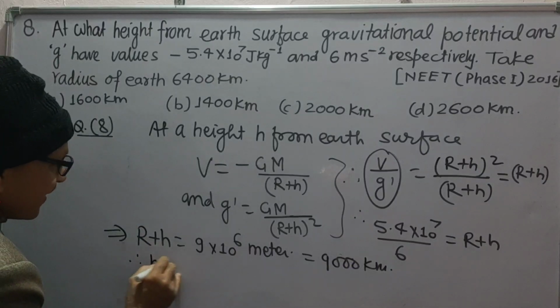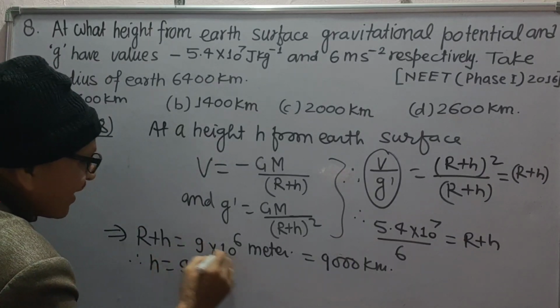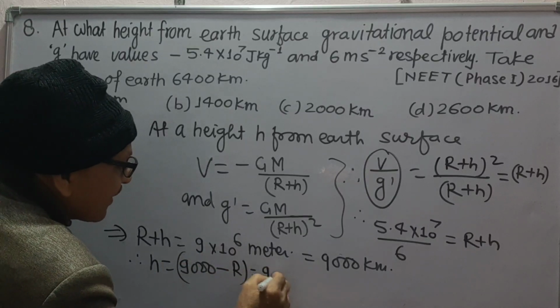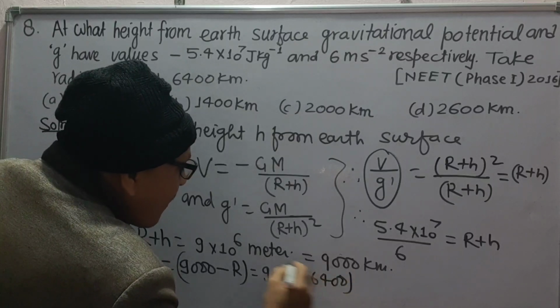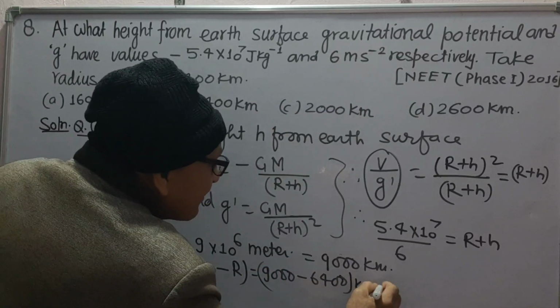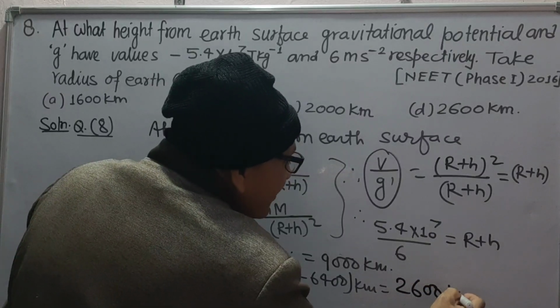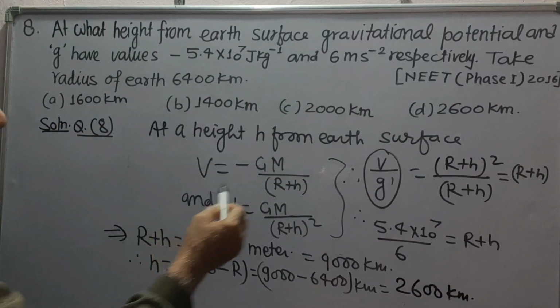Therefore, h will be equal to 9000 minus capital R, 9,000 minus 6,400 kilometer, means 2,600 kilometer. So the correct option will be D.